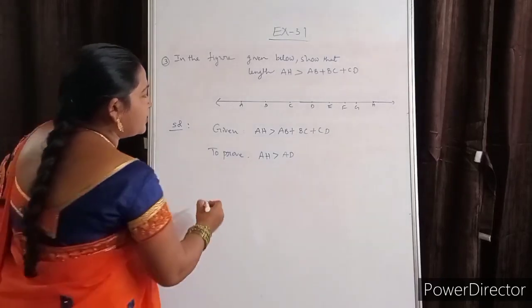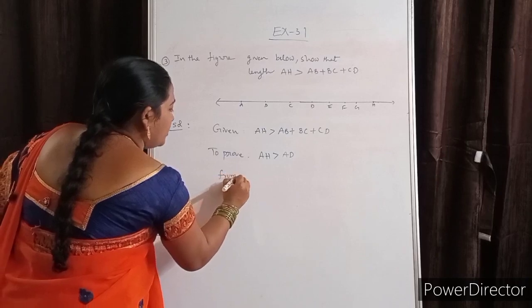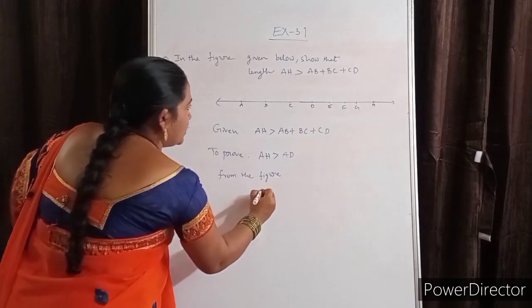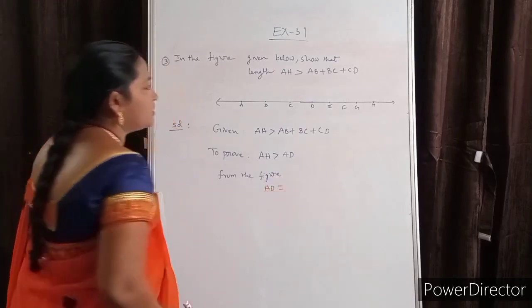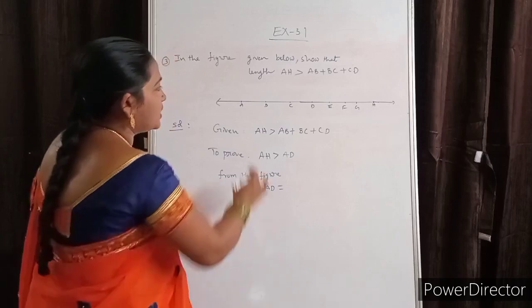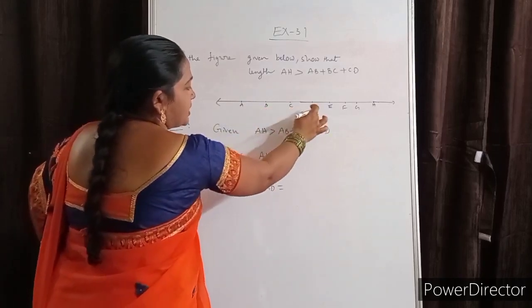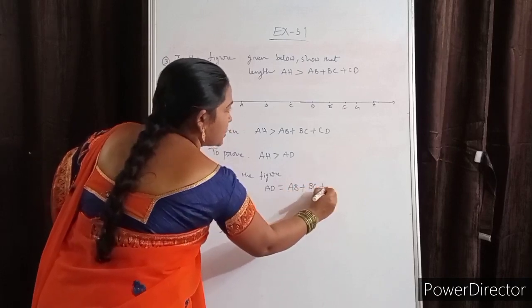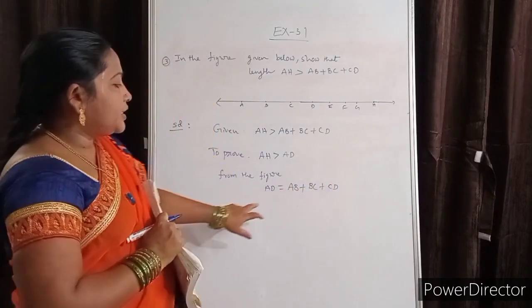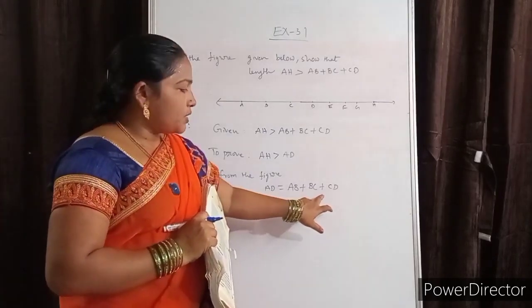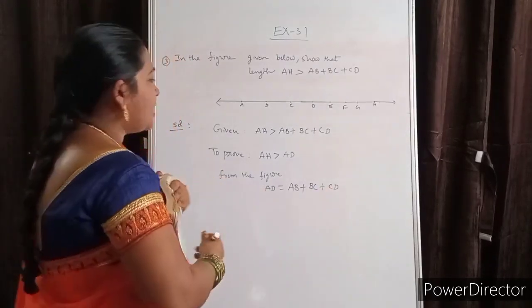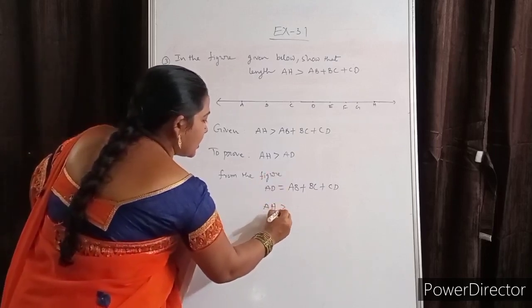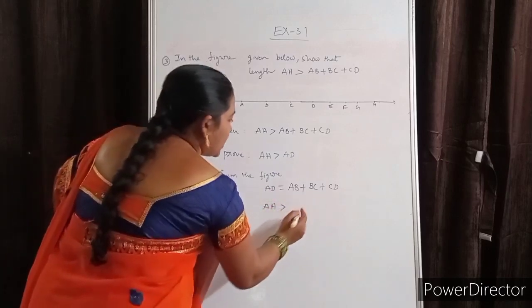From the figure, AD is equal to AB plus BC plus CD. AH is greater than AD.